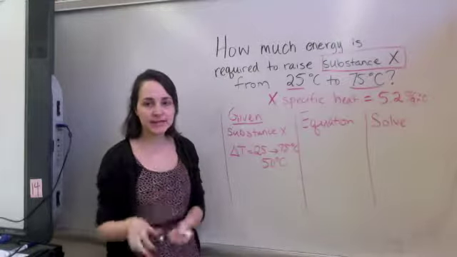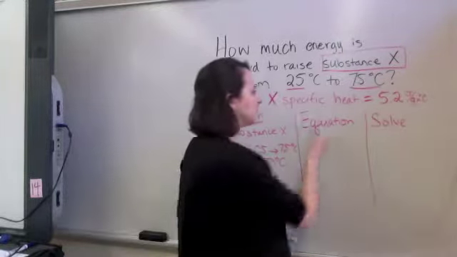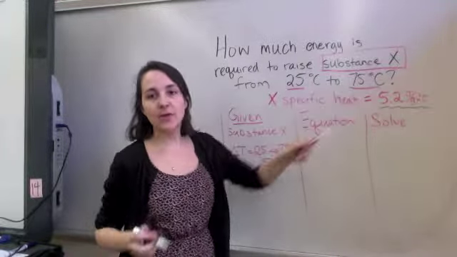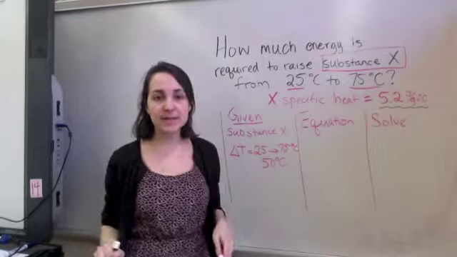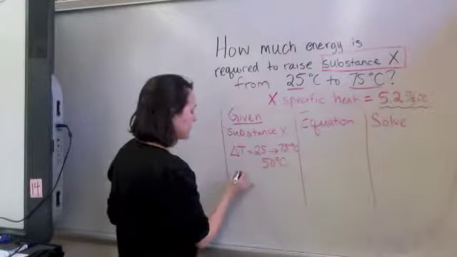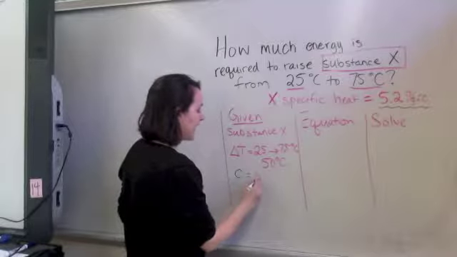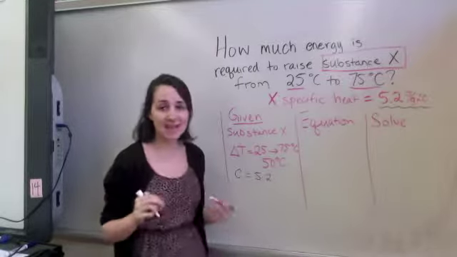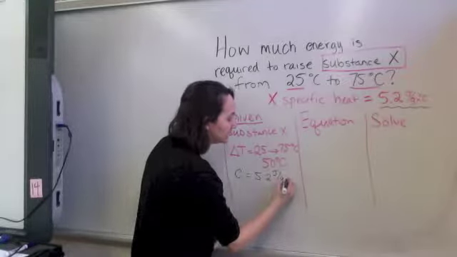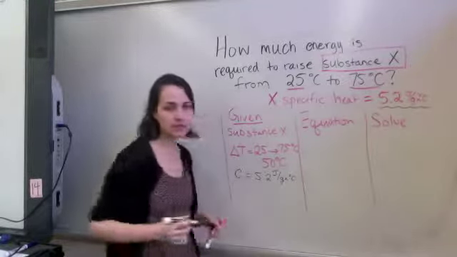Now, an additional thing that's given to us in this problem is my specific heat. This number right here. Now, this number is important to me because that's going to be the C part of my equation. So in this case, I'm just going to write C equals 5.2. And this has that funky unit that's joules per grams times your degrees Celsius. All right?